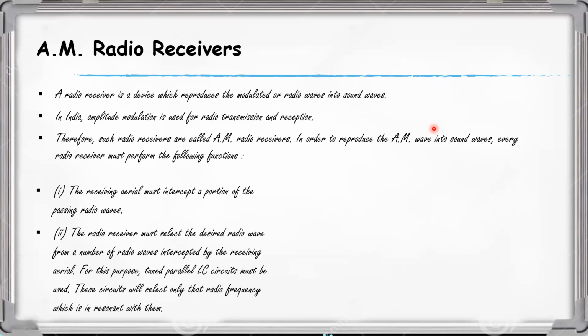That tuned parallel LC circuit selects only that radio frequency which is in resonance with it. We know that a parallel LC circuit or series LC circuit must have a resonance frequency. So the frequency matching the resonance frequency is selected for that radio station.